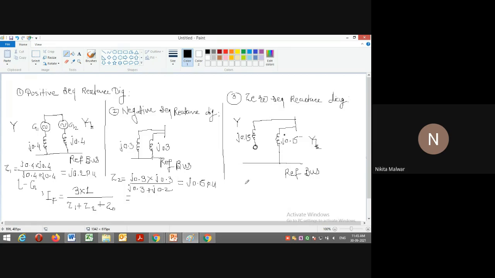Again, Z0 denotes the zero sequence reactance diagram.